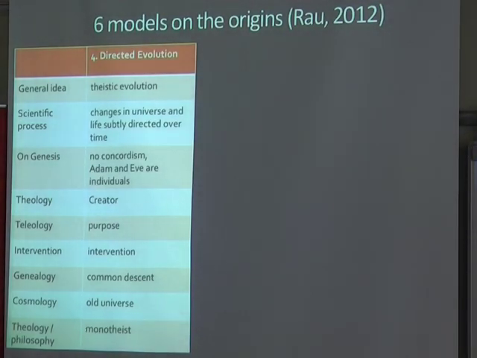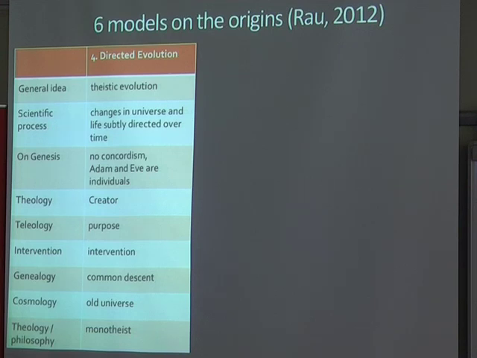And the fourth model would be the directed evolution, where the changes in the universe and the evolutionary process would be directed over time by the creator. No concordism, Adam and Eve. Concordism, what does it mean? Concordism is when you try to see the parallels between the geological record and the days of Genesis.